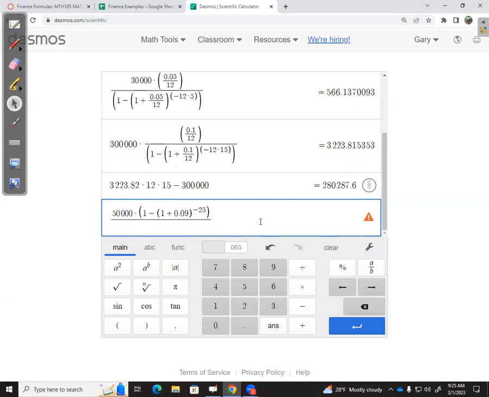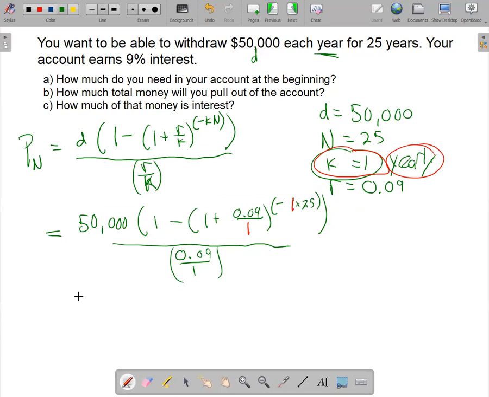Then divide by 9% over 1, which is just 9%. And this says I should start with almost $500,000. So 491,128.89 should be the initial amount in the account.